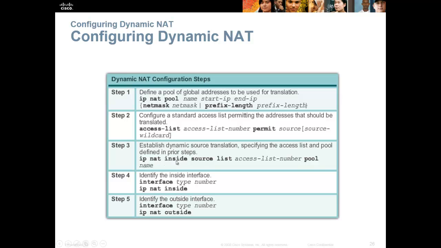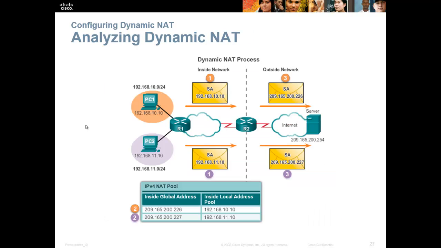So IP NAT inside source list 1, because that was my access list 1, then pool and whatever I named my pool, and then inside outside. So I create the pool, I create an access list that allows my internal users to use the pool, I map those two together, and then I set the inside and outside. So hopefully that's clear as mud to you now.